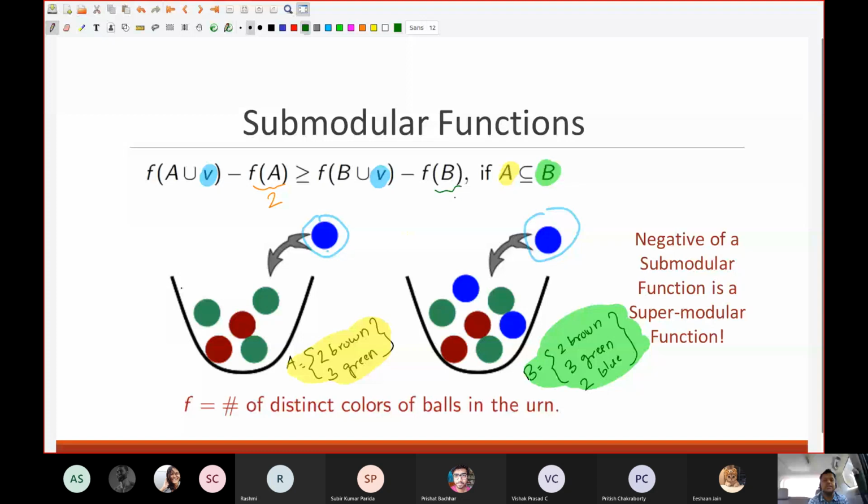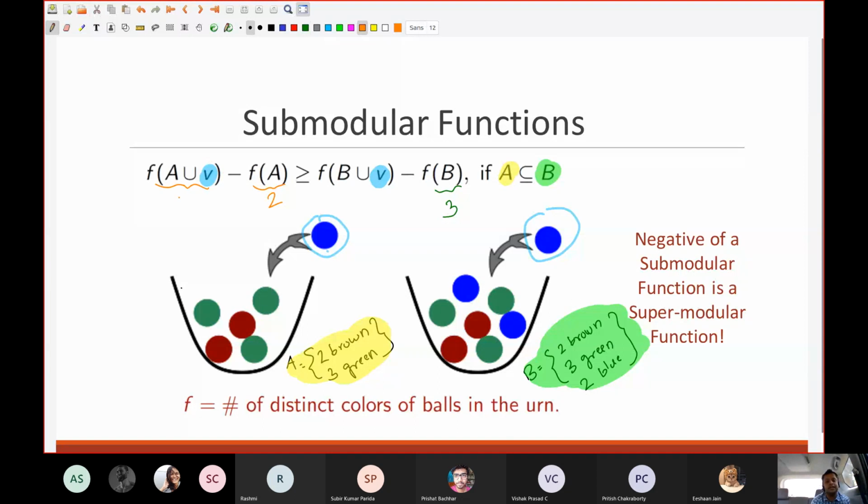There were 3 distinct colors of the balls in the urn in B, and 2 distinct colors of balls in the urn in A. Now when I add the blue ball, you can see that A has benefited in terms of the function f, an additional color, whereas B has already 2 blue balls, so therefore this third blue ball didn't make a difference.